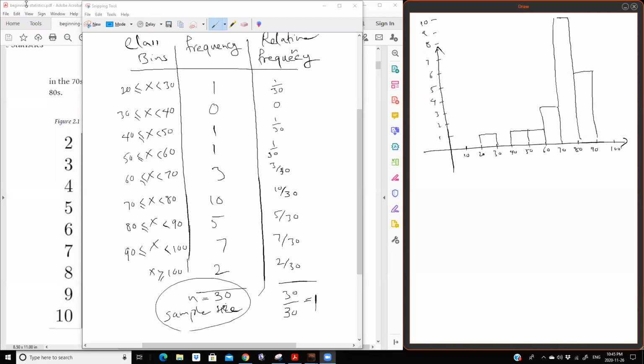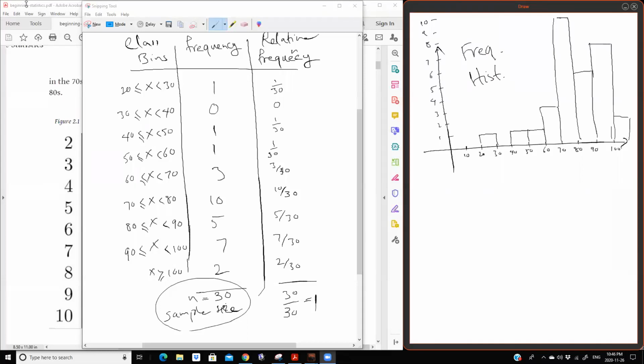Between 90 and 100, there are 7, so it's up to almost here. And then there are 2 people who got 100, so it's going to be this high. This is a histogram. It's called a frequency histogram.